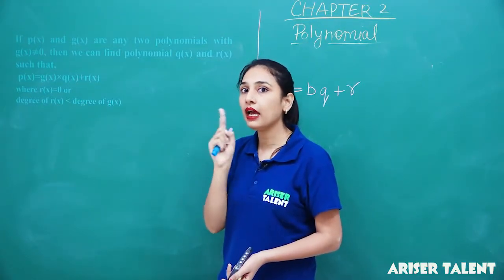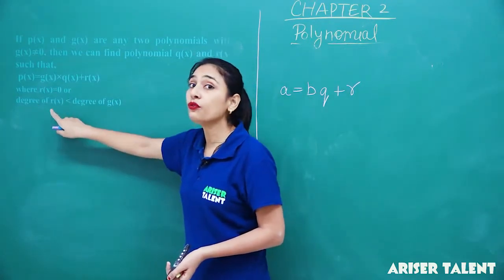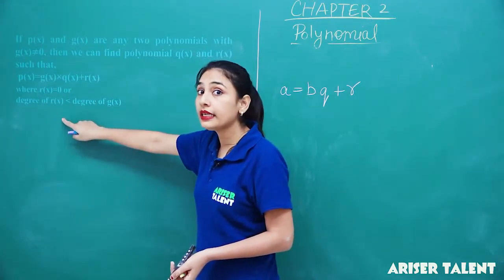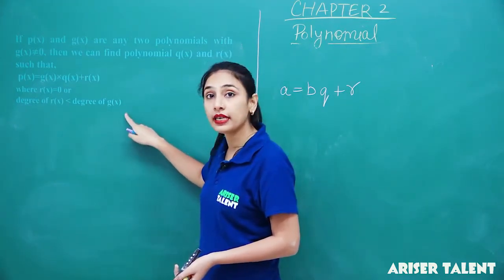So either we can have remainder equal to 0 or such that degree of rx is less than the degree of gx.